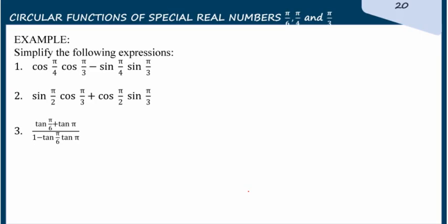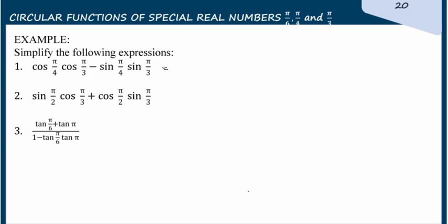So, our last topic is simplifying expressions using what we learned about special real numbers. Basically, you will be given an expression, and you have to evaluate what the value would be. So, for this case, you are going to have the cosine of pi over 4.